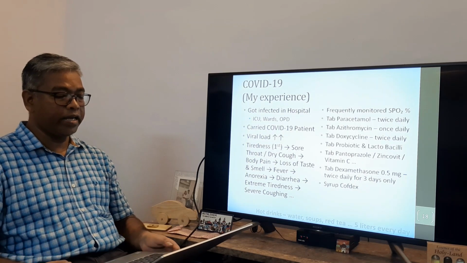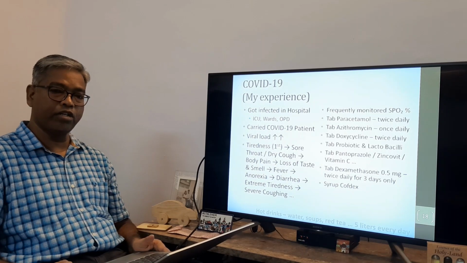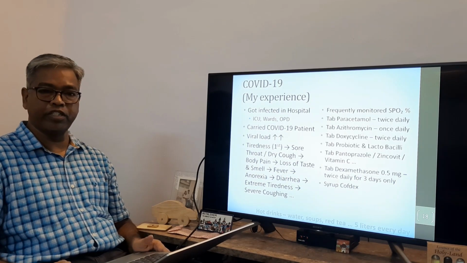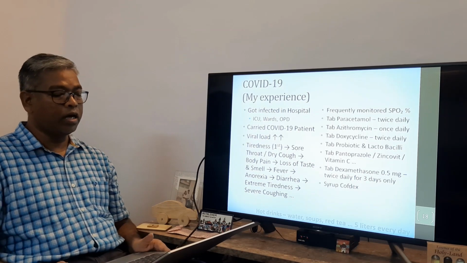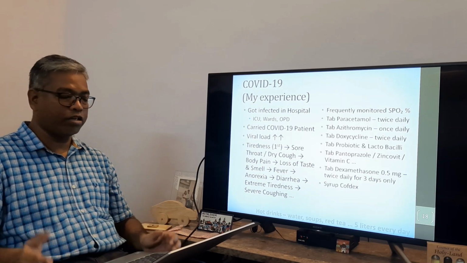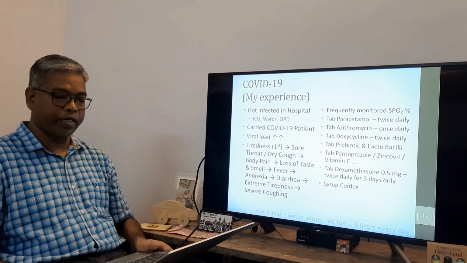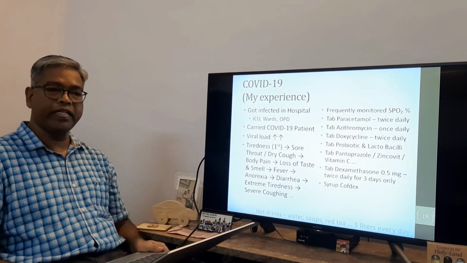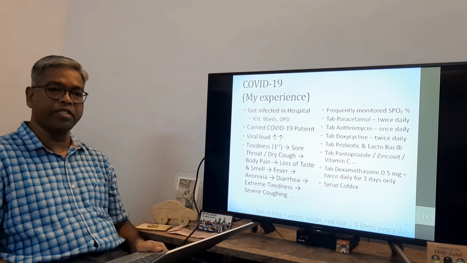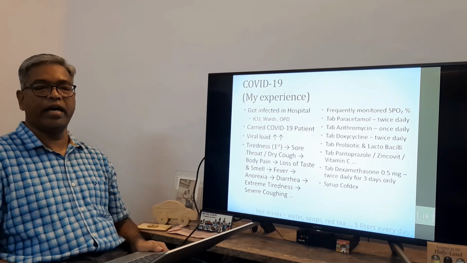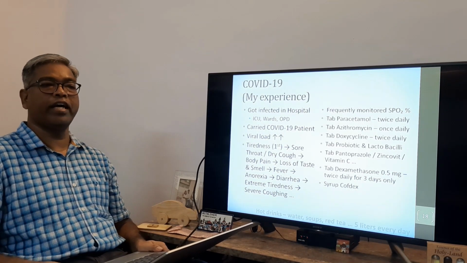And then this is my experience. As you know, I'm a medical doctor, a family physician, and I'm the medical director of St. Barnabas Hospital. And I got infected in my hospital, which is actually a non-COVID hospital. People come, and we try to see if they have had a COVID test for admission, but sometimes the reports are awaited, or they have not been done.